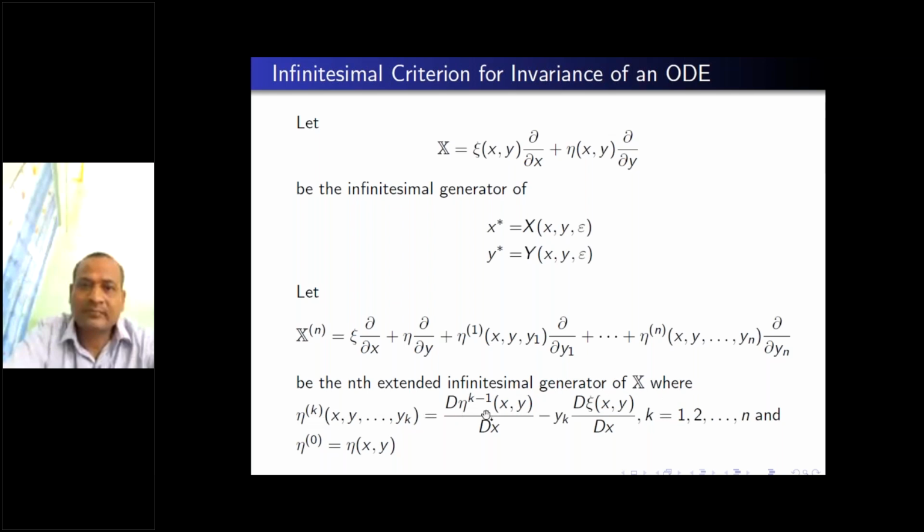where ηk is the total derivative of ηk−1 minus yk times the total derivative of ξ, for k = 1 to n, and η0 is the same as η(x,y).